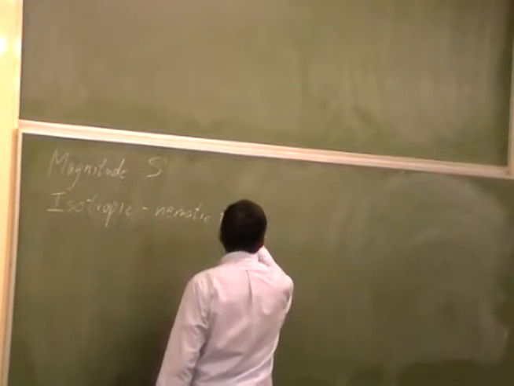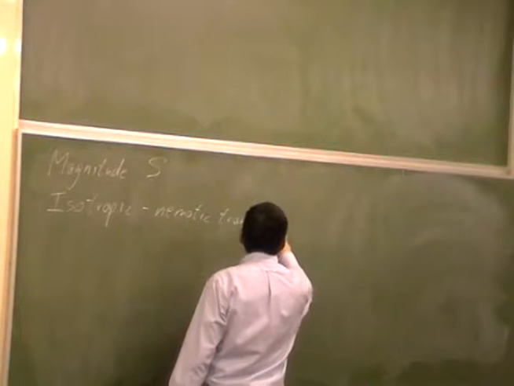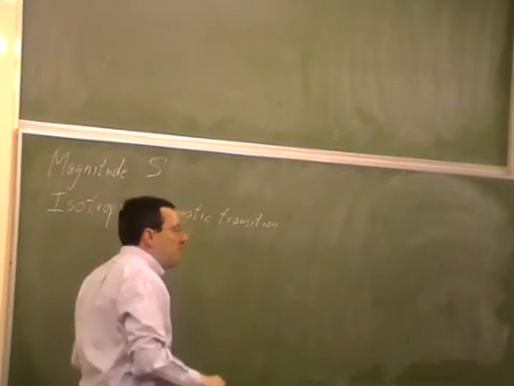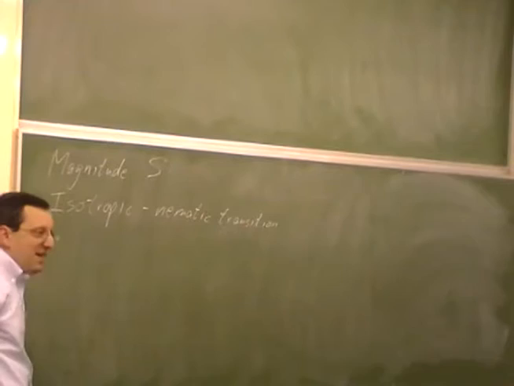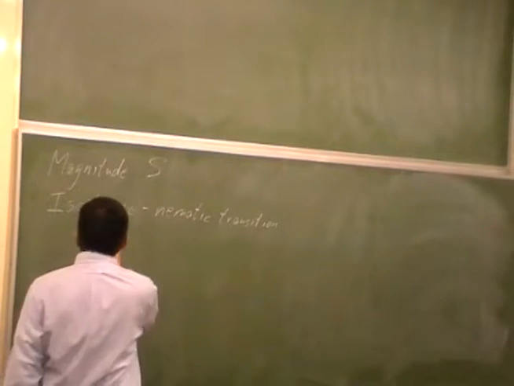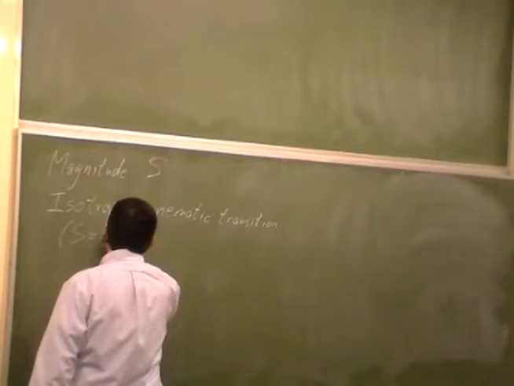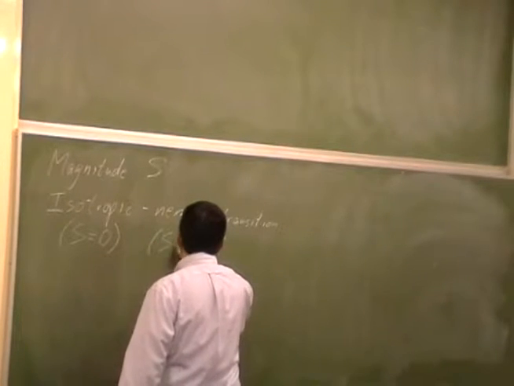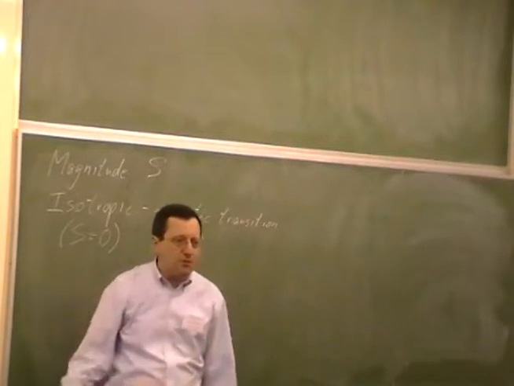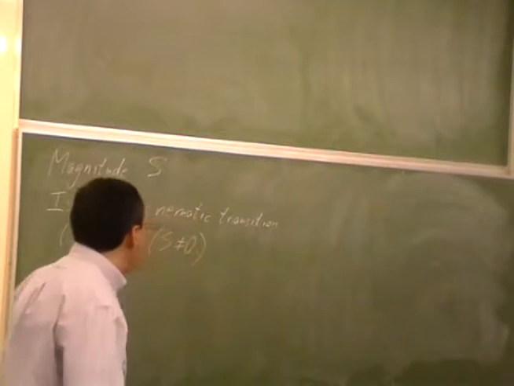And you'll recognize that the isotropic nematic transition is a special case of determining the magnitude, right? Because that's a transition which is going from S equals 0 to S not equal to 0. Okay?